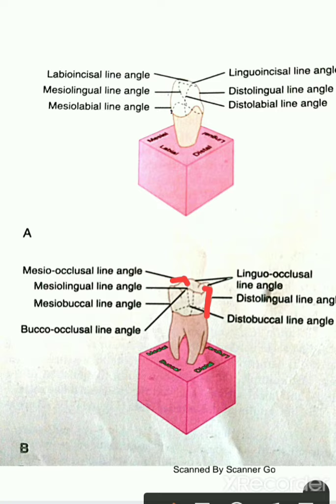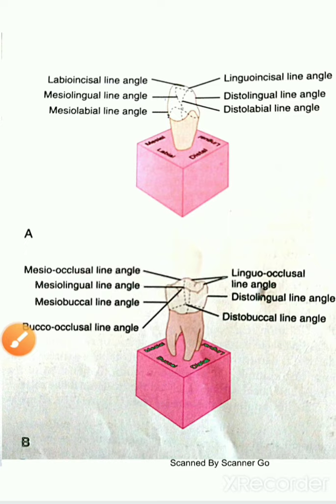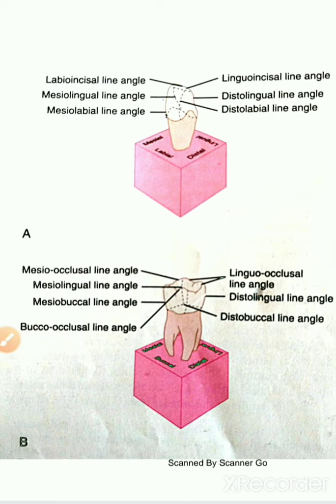So these 2 line angles are added, including these line angles. It is not given here, but we usually have 8 line angles for posterior teeth.